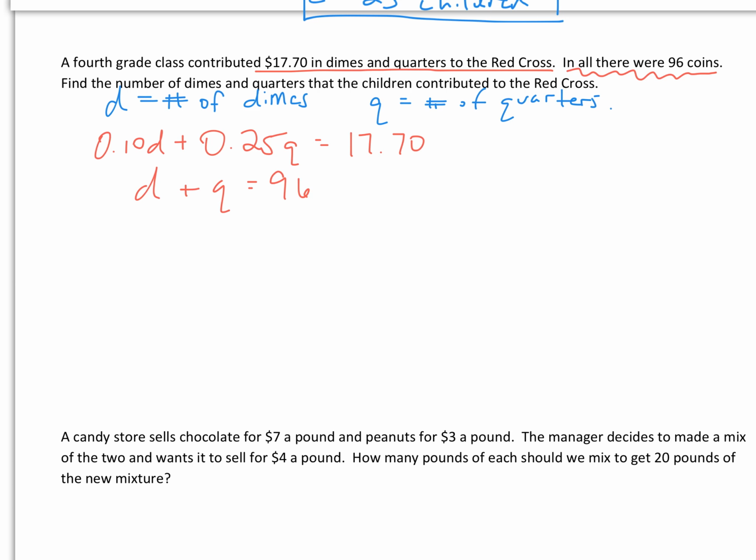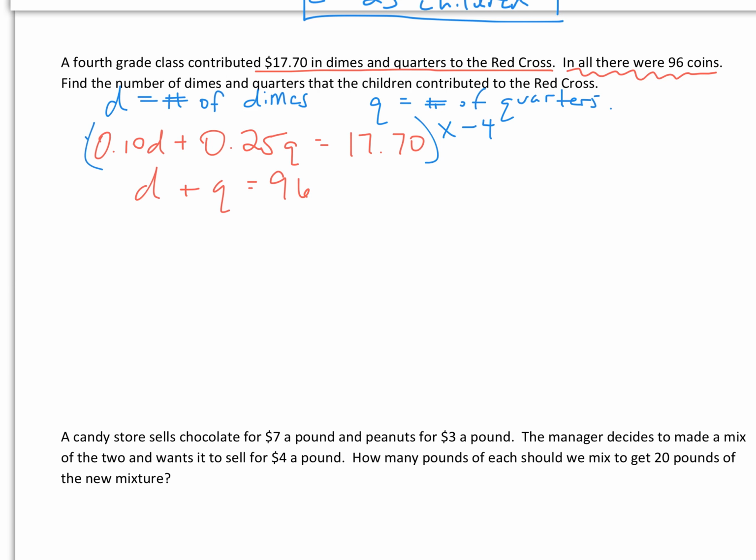So this one really sets up for elimination or substitution. Doesn't really matter. I might do elimination because it's been a while on this assignment. We haven't really done much elimination. Let's eliminate the Q's. So looking at this top equation, I'm going to multiply this by -4 to eliminate the Q's.